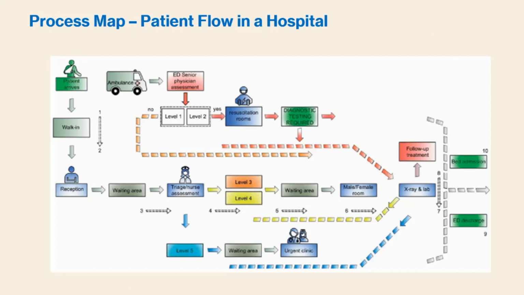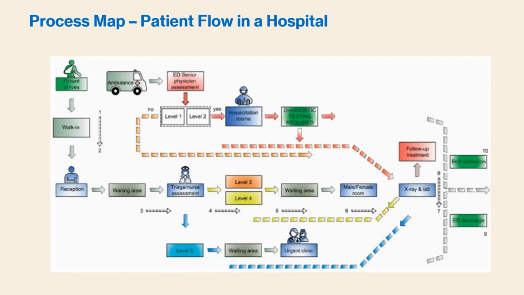And here's an example from a hospital. Actually, this is a patient flow in a hospital. We have drawn how the patient arrives at the hospital, goes to the reception, then the waiting area, then waits for the nurse, and then the nurse does the assessment.